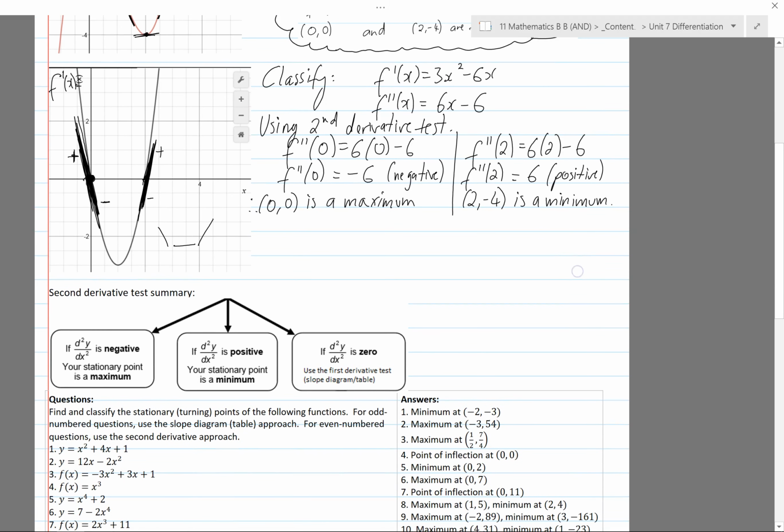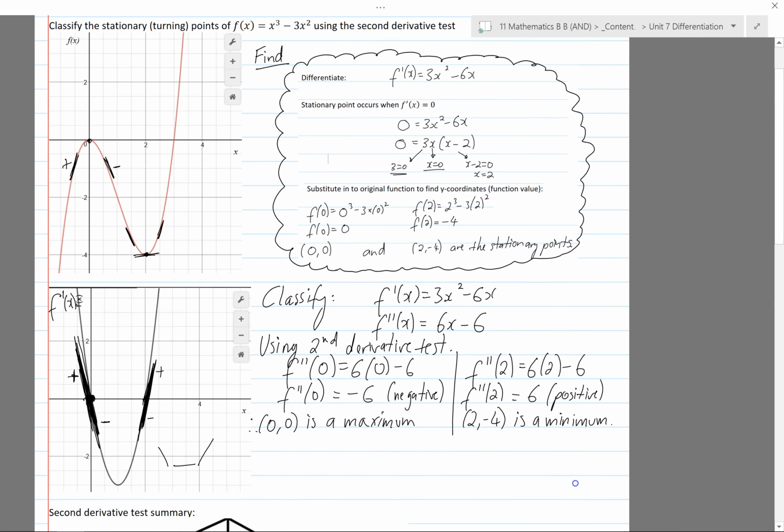The only problem is, if the second derivative is 0, you can't use the second derivative test. You need to turn back a page and look at the first derivative test to determine whether it's a maximum or a minimum. Most of the cases you see where this is the case will end up being points of inflection, which you'll find out using a slope diagram, looking something like that.